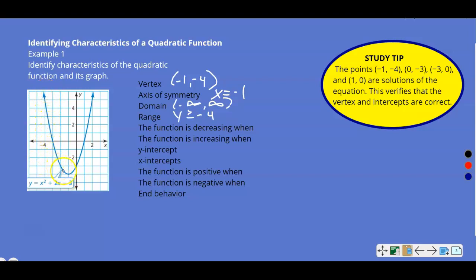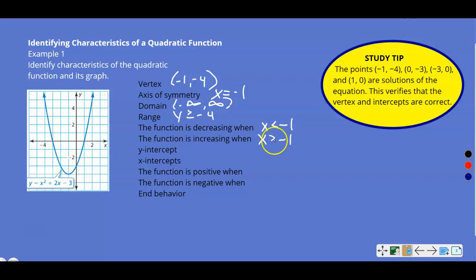If you trace it from left to right, it's going downhill for all values x less than negative 1. All right, and it's increasing from the vertex on. So it's going to be increasing. Again, you trace it from left to right. It's increasing from the vertex up. So it's going to be all values where x is greater than negative 1.